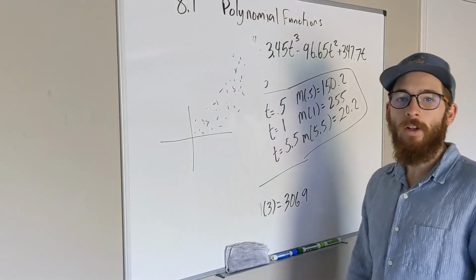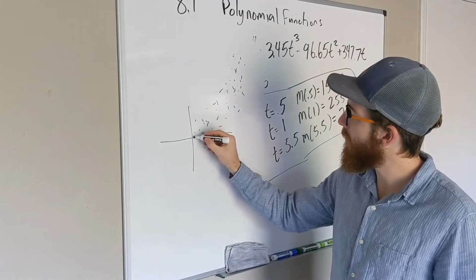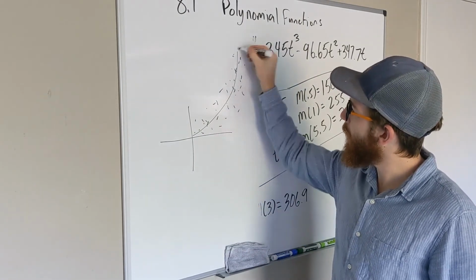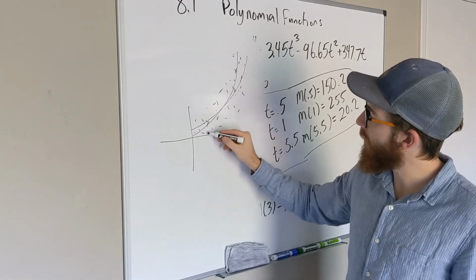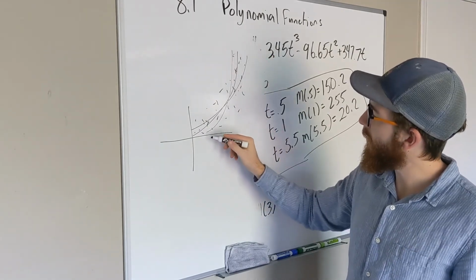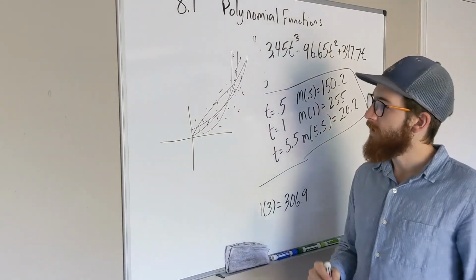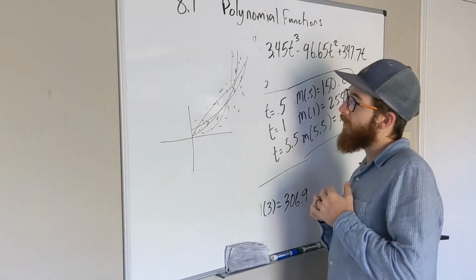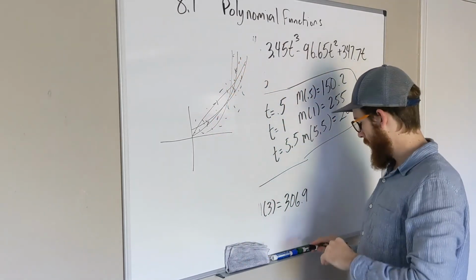What you're attempting to do with modeling is to say, well, what's the best fit line? Is that the best fit line? Or is that the best fit line? Or is something like that the best fit line? So what you're trying to do is figure out how to model the data with these polynomial functions.